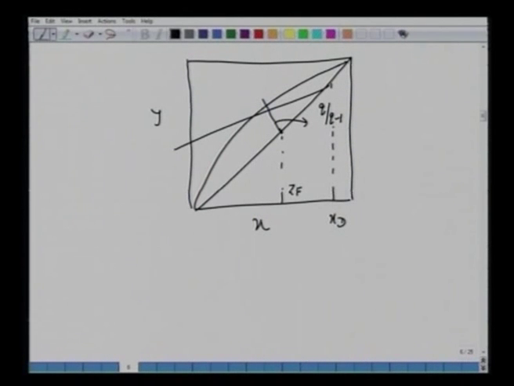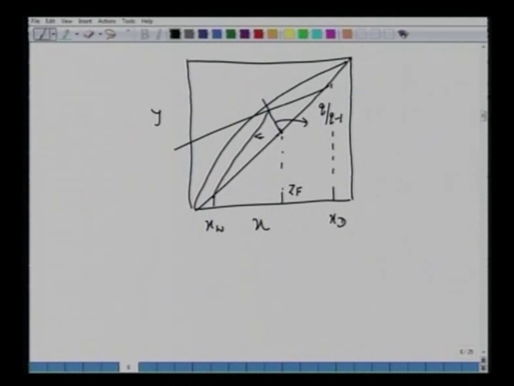We know this Q line intersects this 45-degree line where we have ZF equal to y. So this point, if you just draw with the slope, this will intersect here. If I connect this to xw, I have the operating line equation for this stripping section.